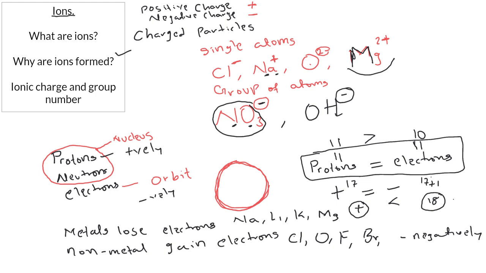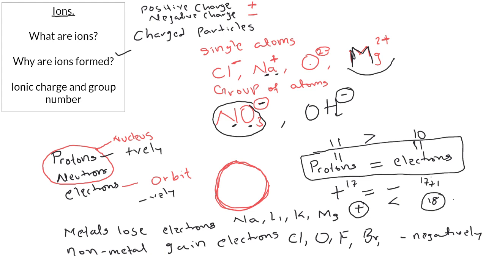We said the proton is positively charged, the electron is negatively charged, and that if the number of protons is equal to the number of electrons, the atom will be neutral. If there is a difference in any of these, then the atom is no longer neutral.